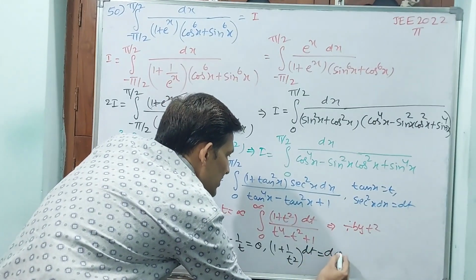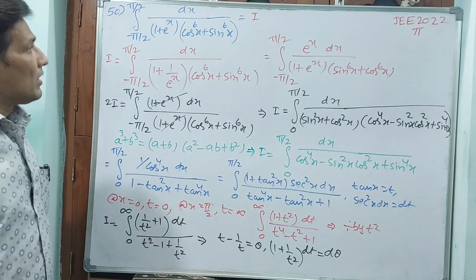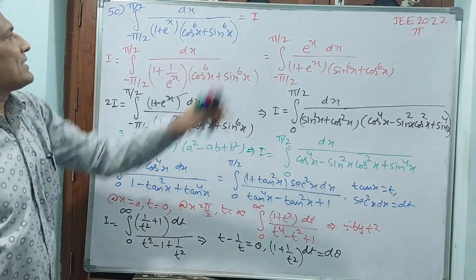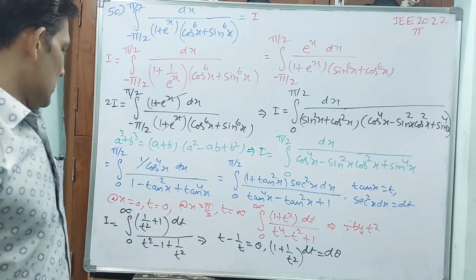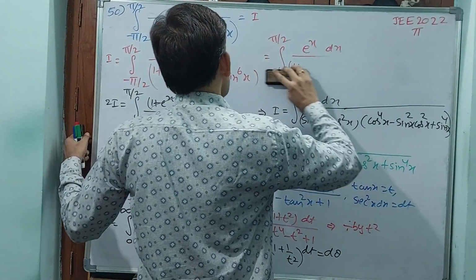So dt is going to become d theta. Now limits.